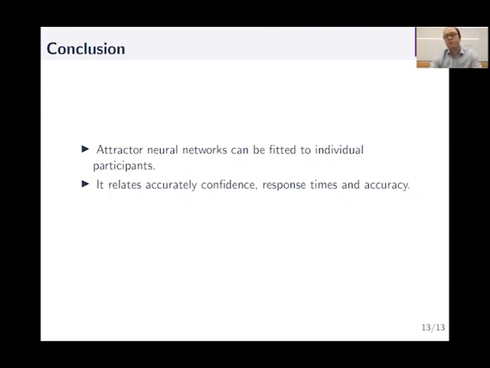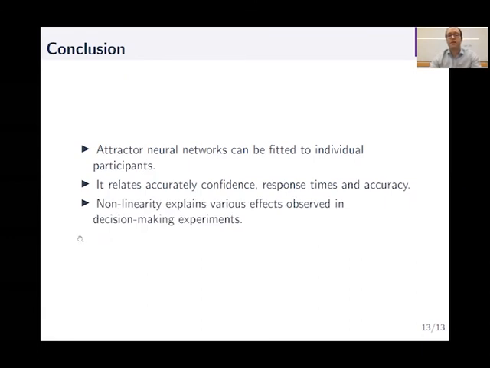And the last point, I didn't have time to present it here, but it's an important point because attractor models have a specific dynamics, which is nonlinear, as you have an attractor state.